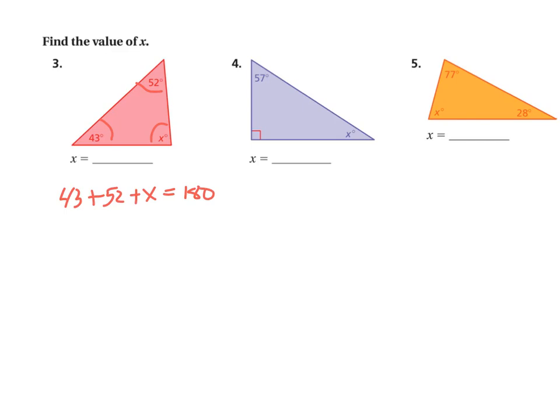And then you're going to add 43 plus 52, which equals 95. And then I just rewrite the rest of this. And then to get x by itself, I'm going to subtract 95. And I get x equals 180 minus 95, should give you 85.